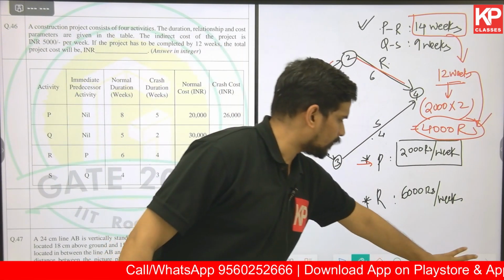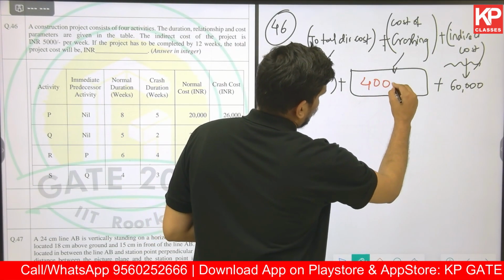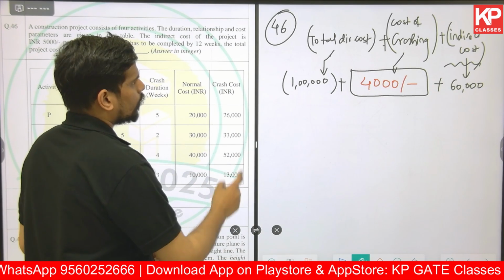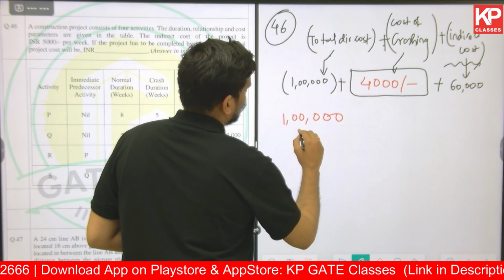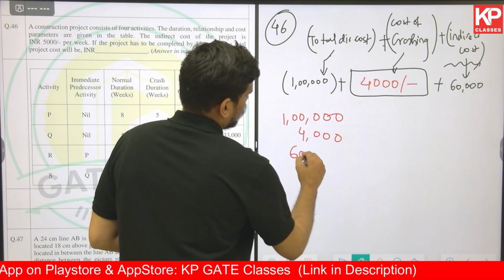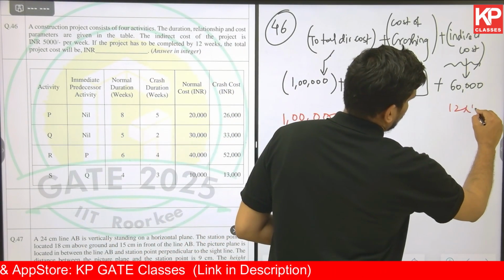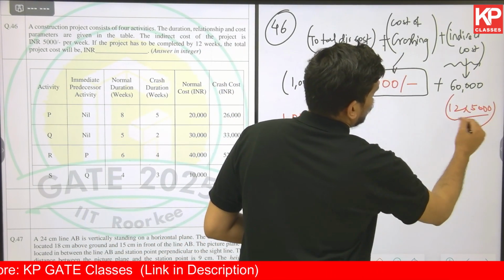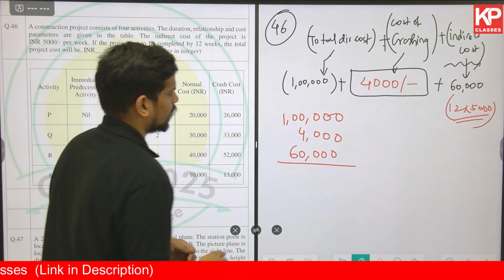So from all this information, the cost of crashing comes out to be 4,000 rupees. So what is the total project cost? Total direct cost, that is 1 lakh, plus total cost of crashing, that is 4,000, plus total indirect costs, given as 5,000 rupees per week. So this is basically 12 weeks into 5,000, because 5,000 is the indirect cost per week. For 12 weeks it will be 12 into 5,000, that is 60,000.